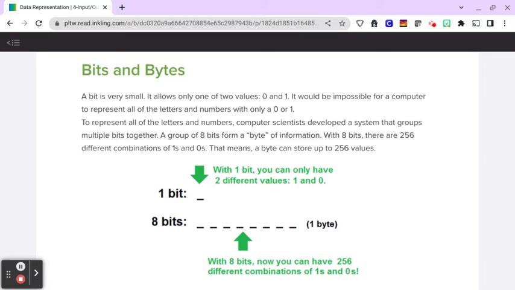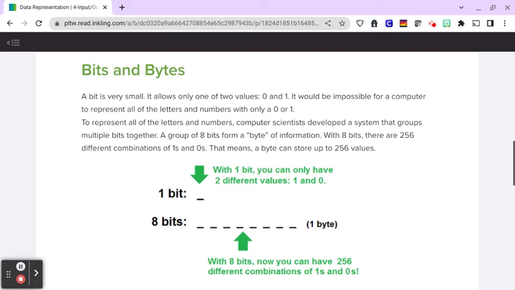Bits and bytes. A bit is very small. It allows only one of two values, 0 and 1. It would be impossible for a computer to represent all of the letters and numbers with only a 0 or 1. To represent all of the letters and numbers, computer scientists developed a system that groups multiple bits together. A group of 8 bits form a byte of information.